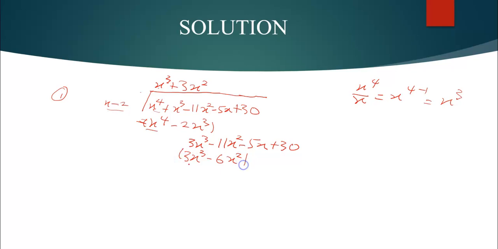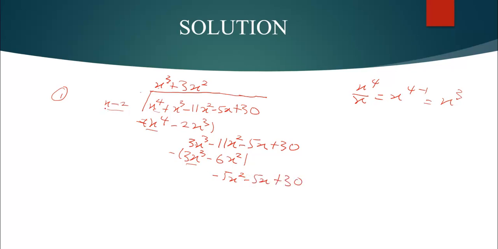Again, you subtract. This and this will go to 0. We have minus 11x squared minus minus 6x squared, so you have minus 11x squared plus 6x squared, which will result in minus 5x squared. Then you bring the other terms down.